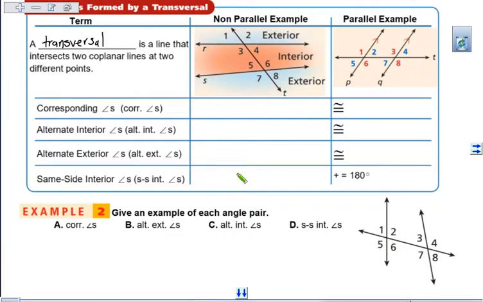So in our examples here, this line that goes through line R and S is our transversal, it's line T. And in our other example, this line here, line T again, that goes through line P and Q, is our transversal, because it's going through two or more other lines at different points.